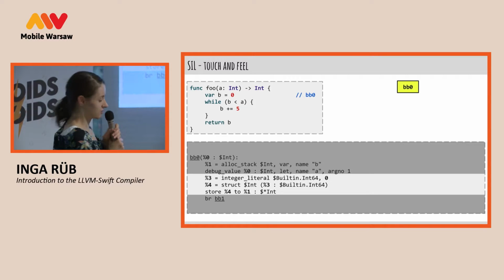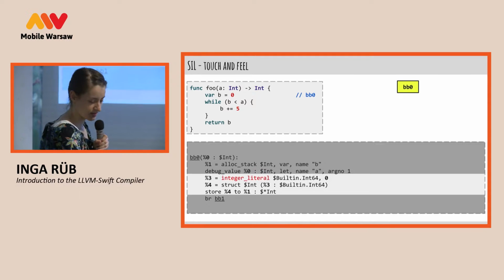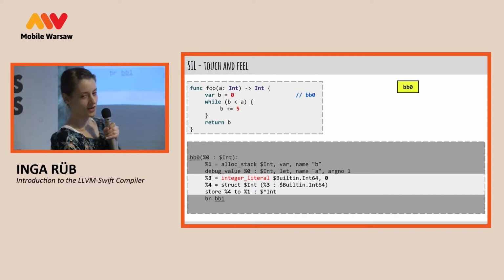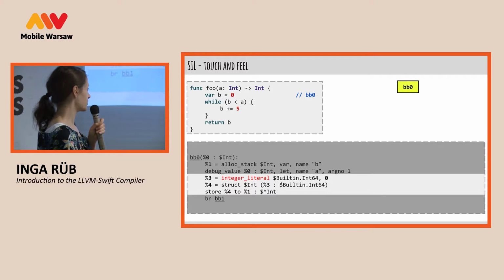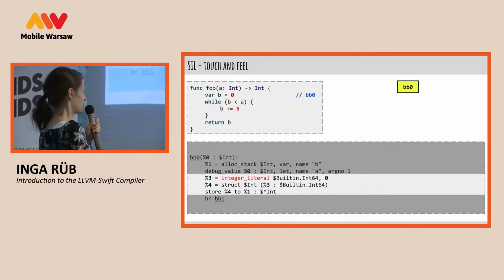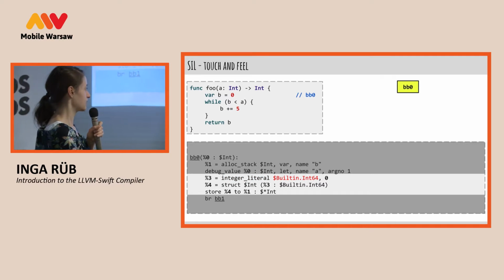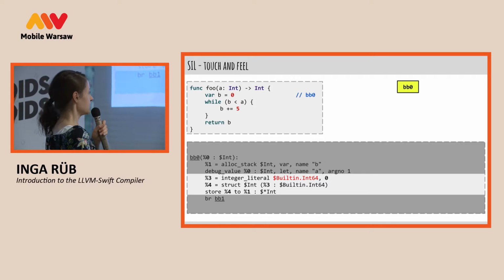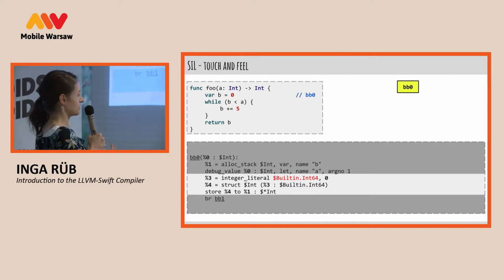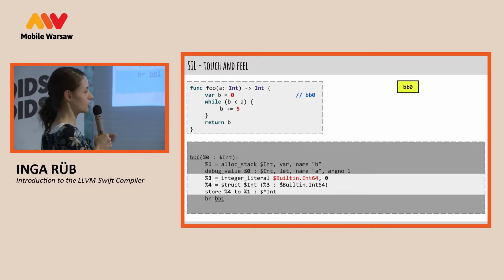These 3 lines serve to create number 0 and to store number 0 in variable b. We can see at the very beginning, in the first line among these 3, the instruction integer literal, which creates an integer of the given type. As you can see here, we relate to the library that was imported, the built-in library. So this type, int64, is the lower type.